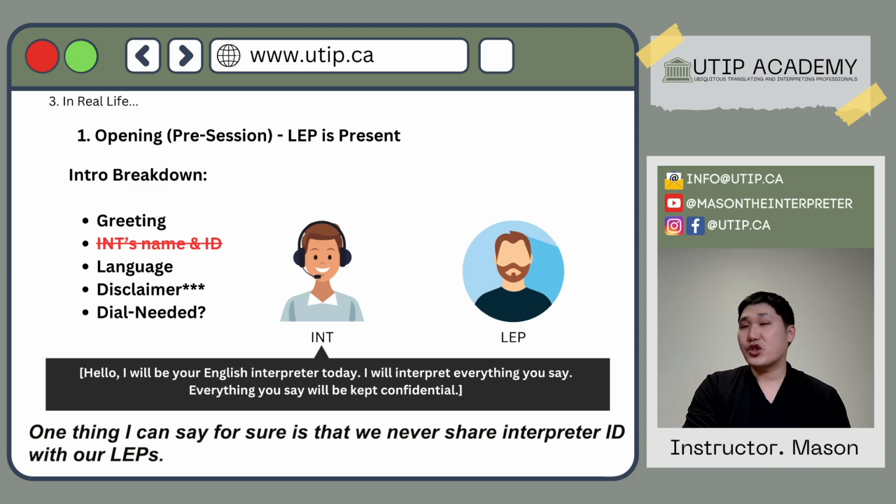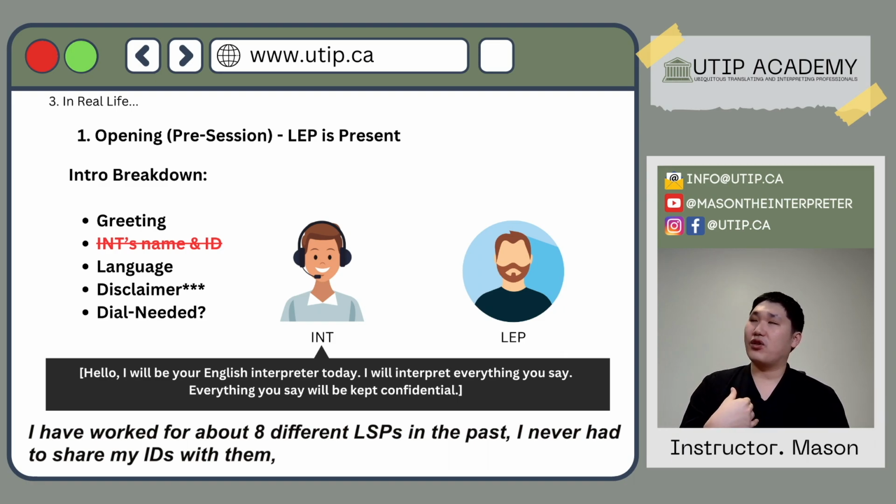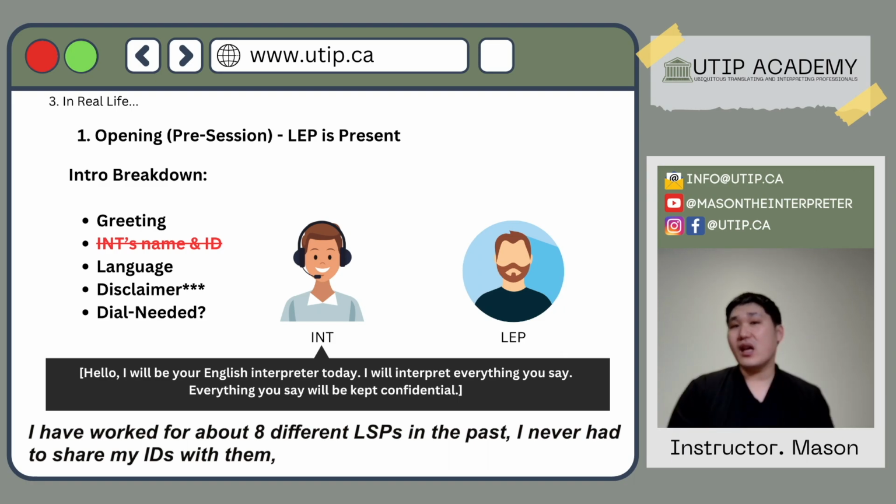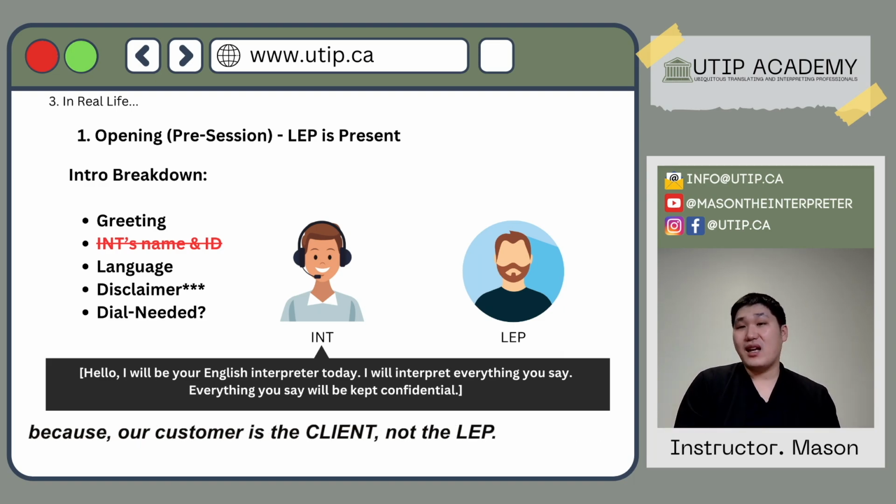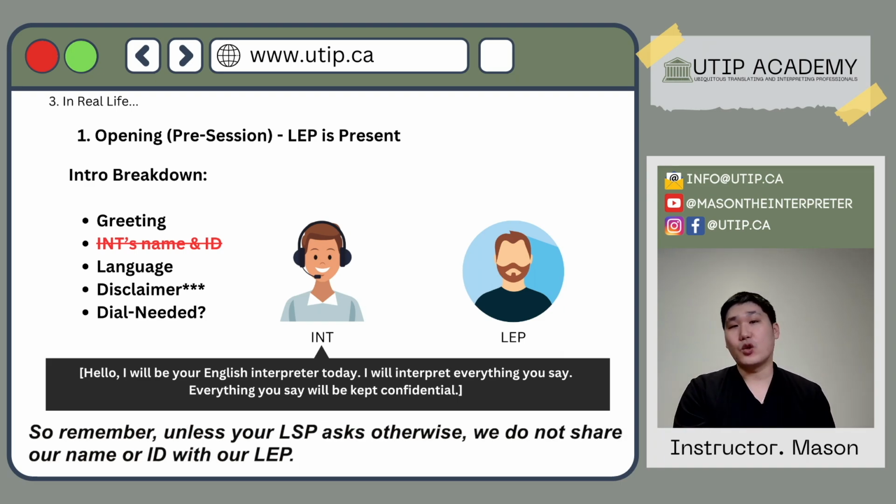One thing I can say for sure is that we never share our interpreter ID with our LEPs. I have worked for about 8 different LSPs in the past. I never had to share my IDs with them because our customer is the client, not the LEP. So remember, unless your LSP asks otherwise, we do not share our name or ID with our LEP.